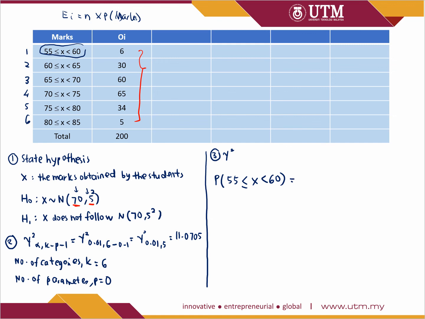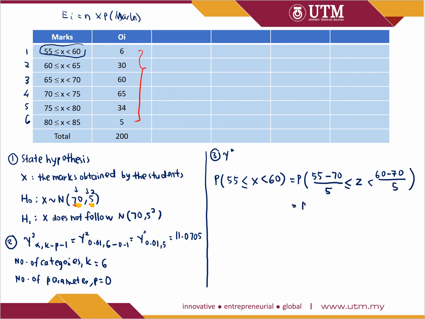Okay, so here would be the probability of 55 minus the mean. The mean is taken from the value given here, and also the standard deviation. Minus 70 divided by 5, so here would be Z, and less than 60 minus 70 divided by 5.